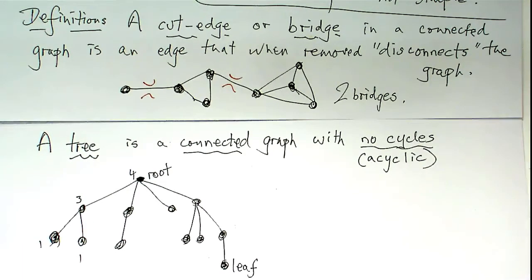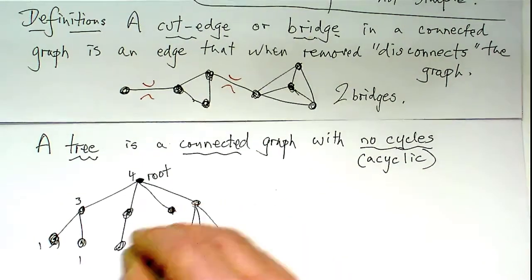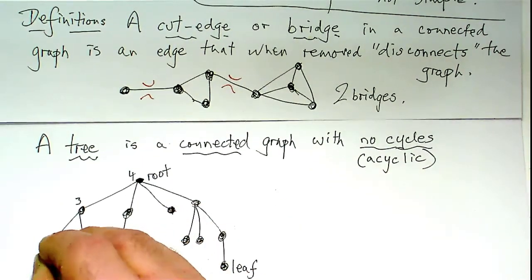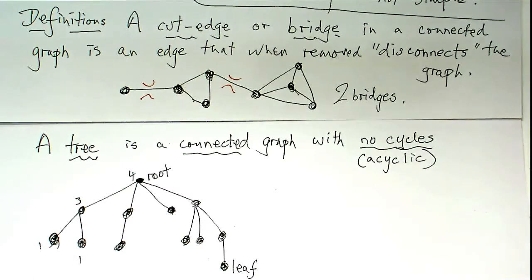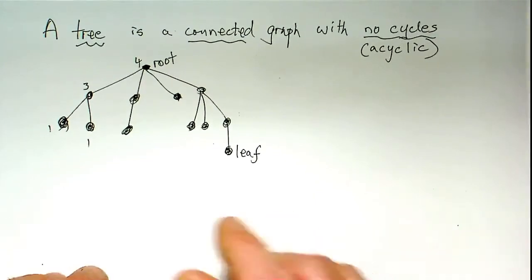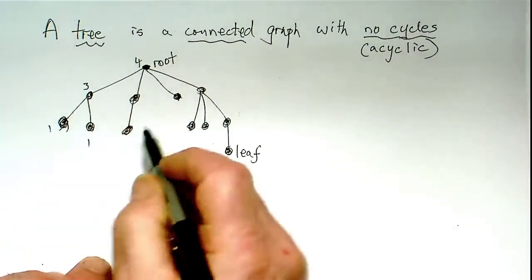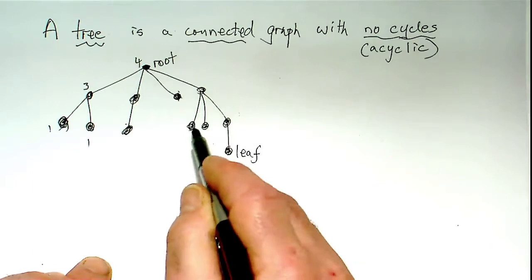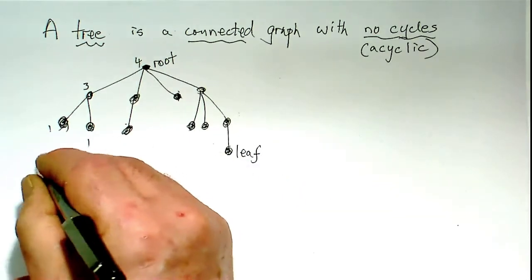Okay? Before I go on, let's just count the vertices and the edges here, which I've drawn at random. So there are 1, 2, 3, 4, 5, 6, 7, 8, 9, 10, 11, 12 vertices.